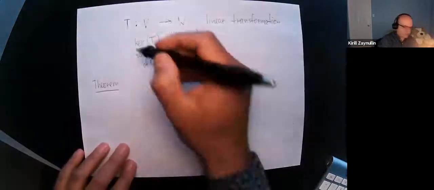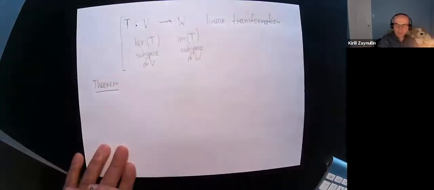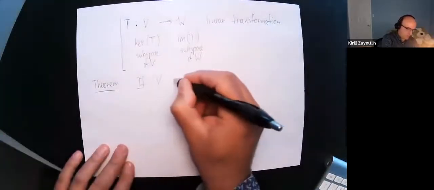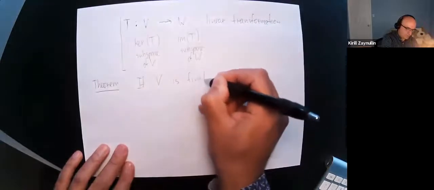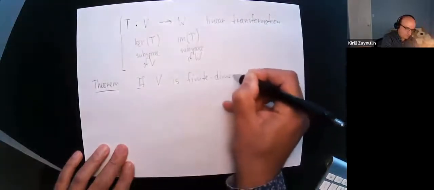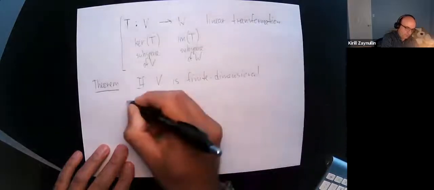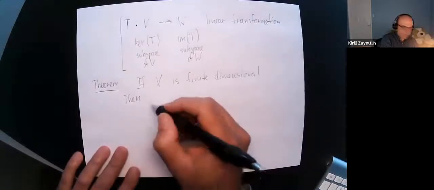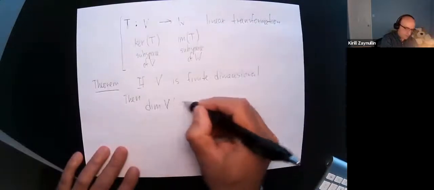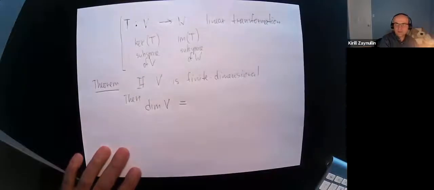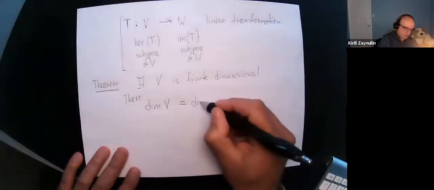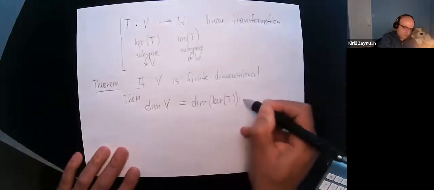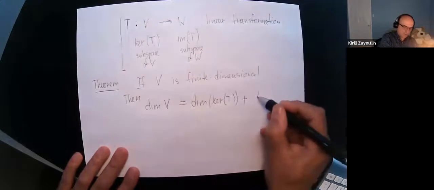Whenever we have such a situation, and of course we assume that V is finite dimensional, then we have the following nice formula: the dimension of the whole vector space V coincides with the sum of the dimensions of the kernel of this subspace and of the image of that subspace.